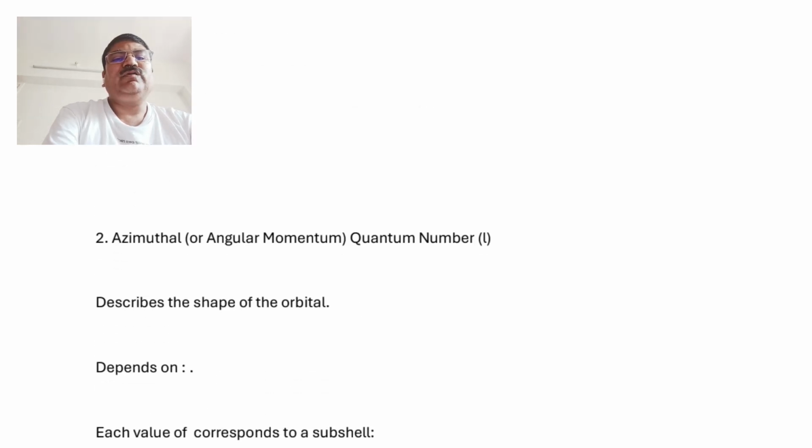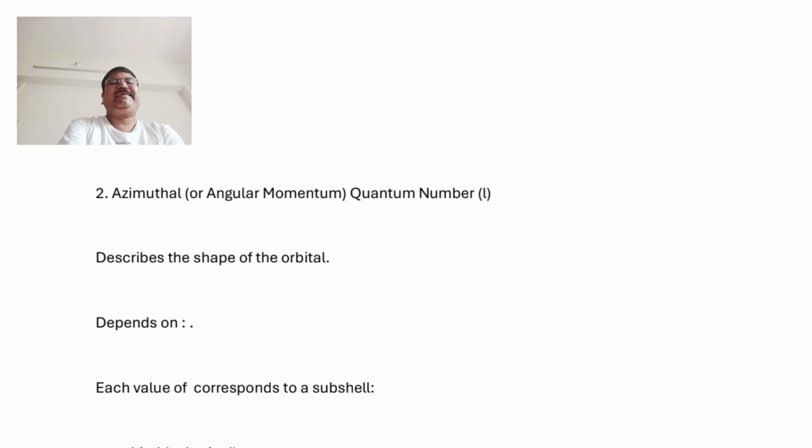Now we move towards the second quantum number. The second quantum number is the azimuthal quantum number. It is also called the angular momentum quantum number. It is denoted by the letter l, small l.